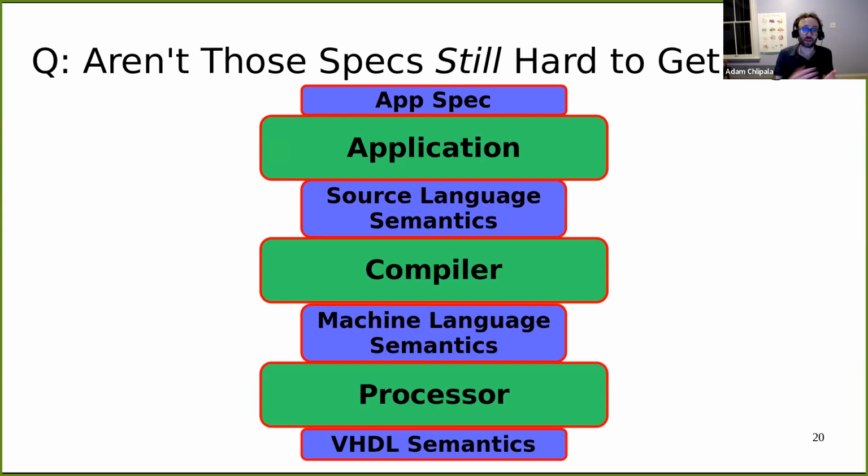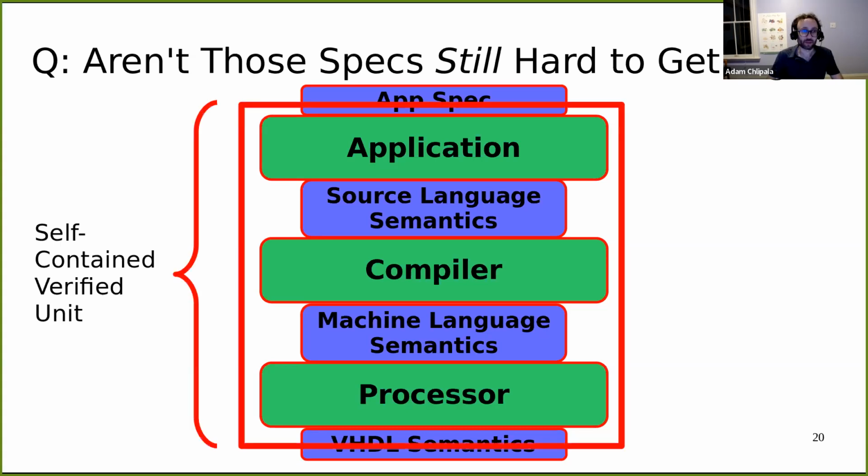And we reason in terms of the semantics of our hardware description language the processor is coded in. A cool thing happens if we consider this stack as a self-contained, fully verified unit, where we've proved some nice property connecting the application spec down to the hardware language semantics.